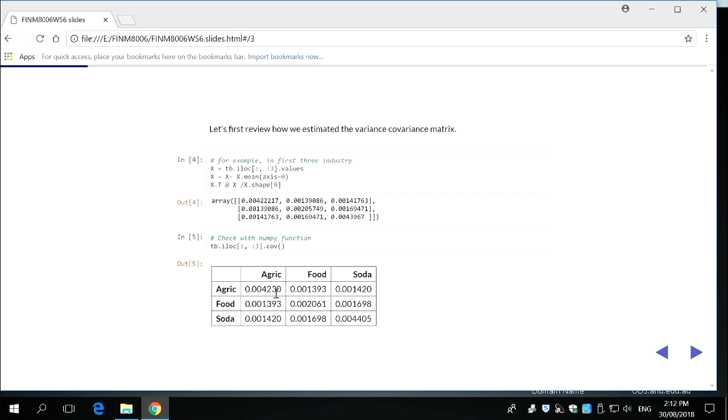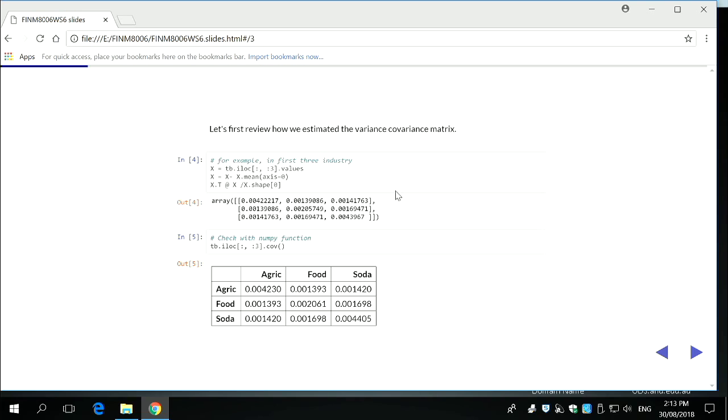If you compare the top matrix and the bottom matrix, these numbers are the same, which confirms that the way we calculate the variance covariance matrix using historical returns is a valid method. So the takeaway is that the sample estimate for the variance covariance matrix is X prime X divided by some fixed number of observations.